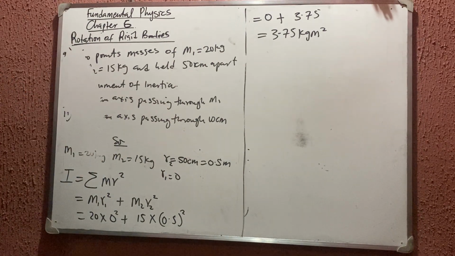Oh, sorry. The other one said passing through 10 cm. So for the one passing through 10 cm, I'm going to have from that 10 cm to our M2. Let me check.